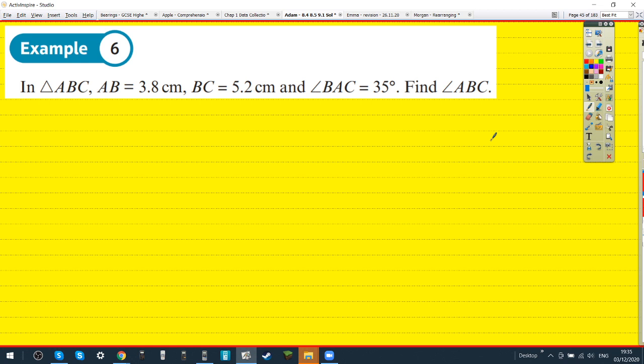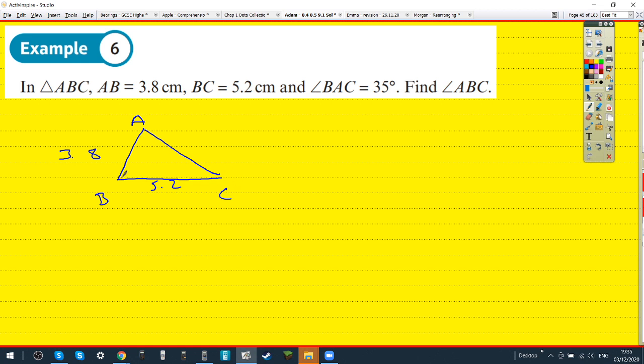How do you work out this question? Because angle ABC doesn't have an opposite side. It doesn't state the opposite side. Let's see this one. AB is 3.8. B to C is 5.2.